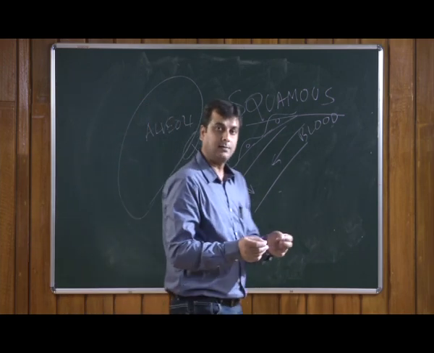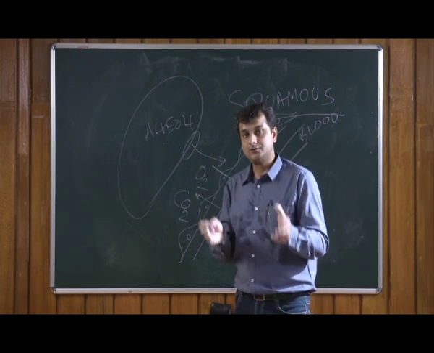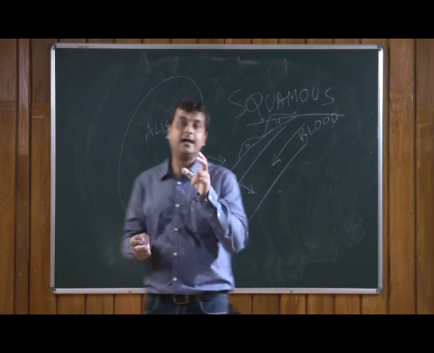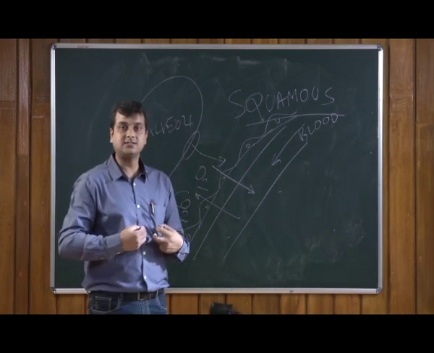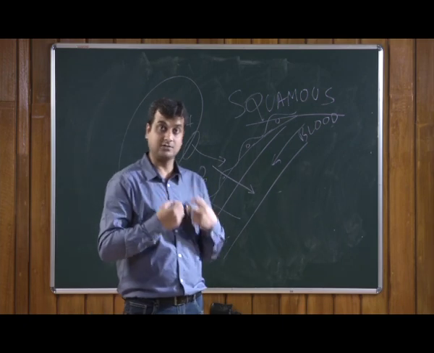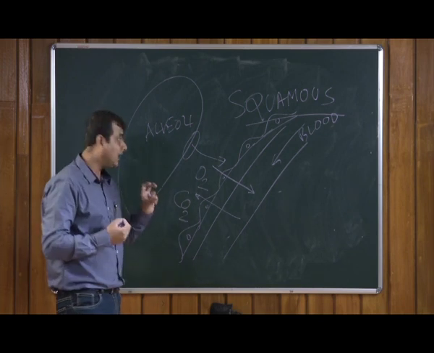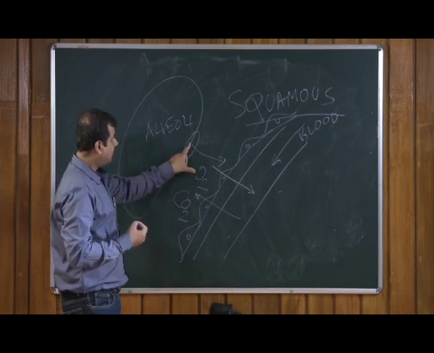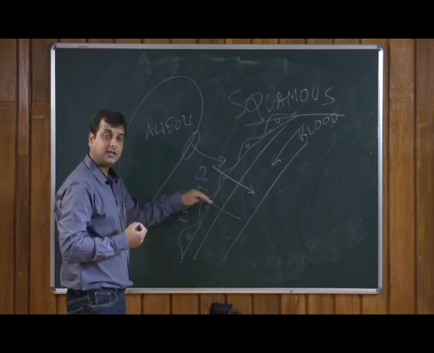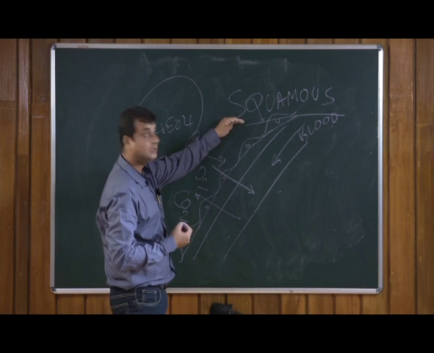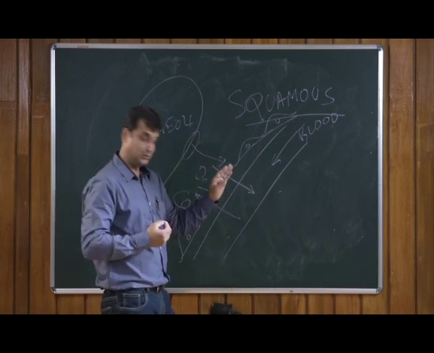The gases coming inside the body, a mixture of oxygen, nitrogen and carbon dioxide, travel downstream in this respiratory passage and reach a very specialized structure called the alveoli. And from the alveoli, because of this unique structure and unique epithelium called the squamous epithelium, the gases are exchanged from higher concentration to lower concentration.